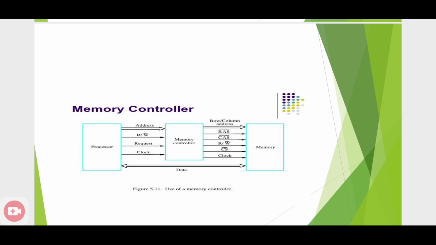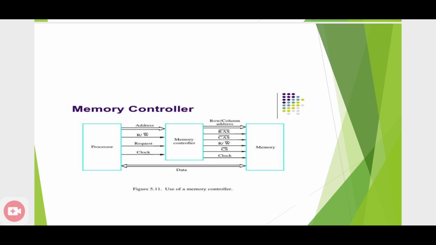Along with this, from the memory controller to memory, there are a number of control signals: the row or column address, strobed by the row address strobe as well as the column address strobe, the read/write signal, the chip select signal, and also the clock.